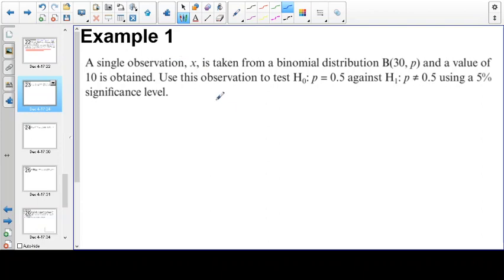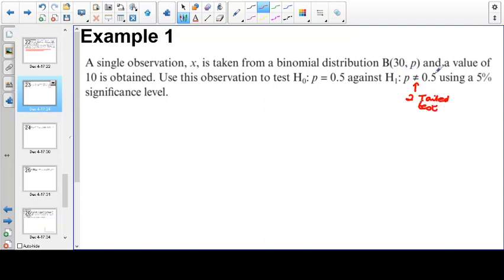First question. A single observation, x, is taken from a binomial distribution and a value of 10 is obtained. Use this observation to test H0, p is 0.5 against H1, p is not 0.5. The first thing you should notice is the not equal to, which tells you that you are doing a two-tailed test.